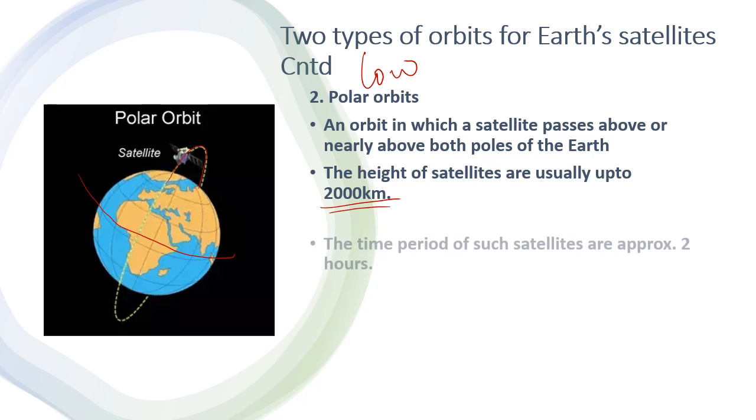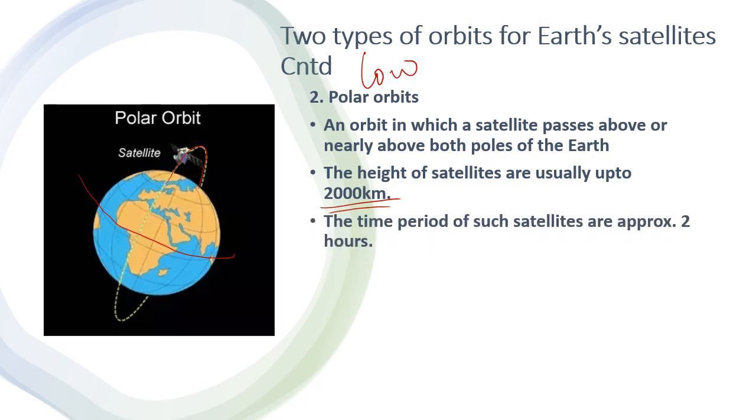The time period of such orbits is 2 hours. The geostationary ones took 24 hours, but this one takes only 2 hours to go around the Earth once, which tells you that these are moving much faster.